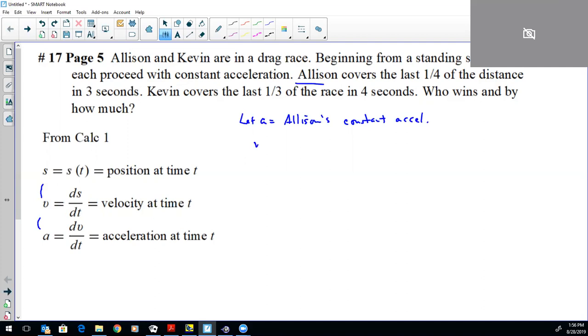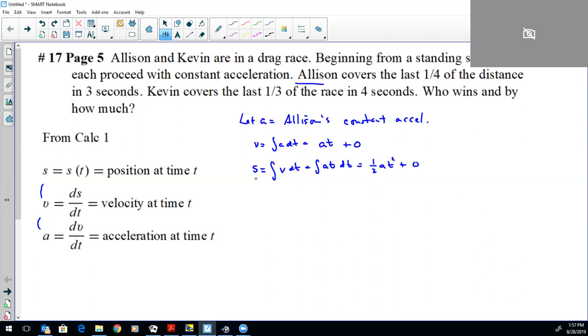Her velocity is the antiderivative of A dt, so it's At plus 0, because she starts from a standing start, so the initial velocity is 0. And her position is the antiderivative of velocity, the antiderivative of At dt. T is the variable here, so this is 1/2 At squared, and the starting gate is the initial position 0.